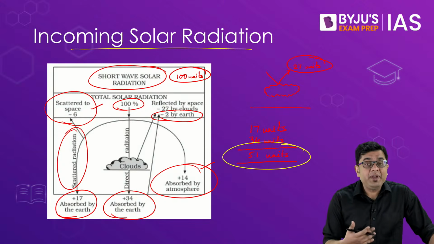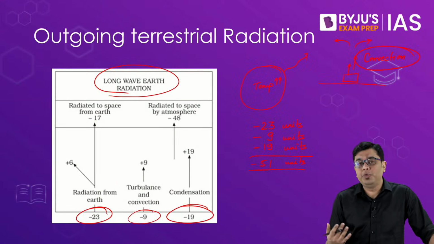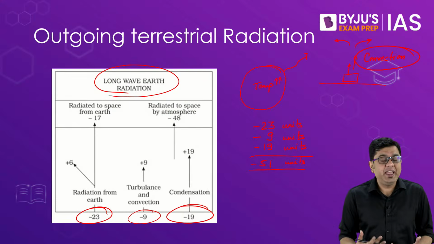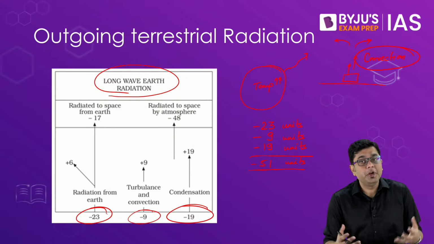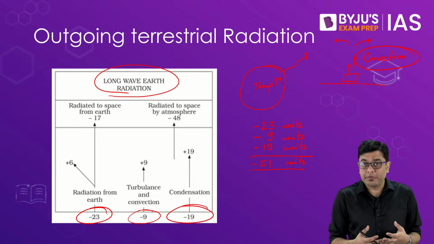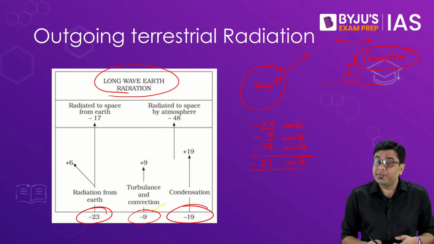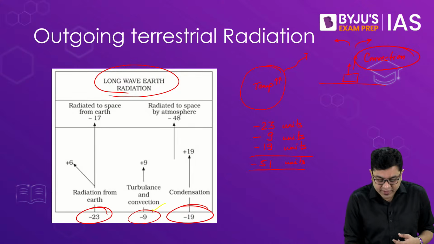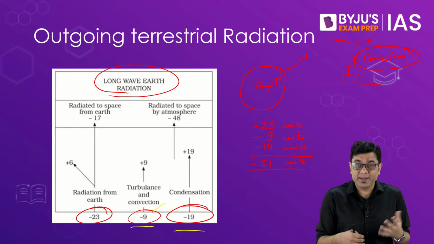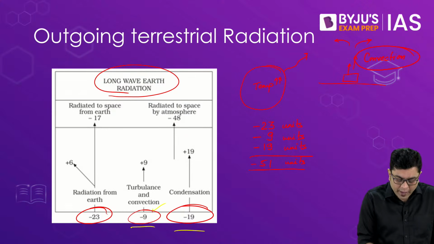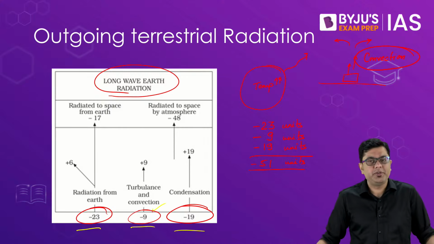Now, when the surface itself loses heat, that loss of heat can be achieved by various different phenomena. One of those can be the process of convection and turbulence. One can be the process of evaporation and further condensation, and also the direct terrestrial radiation.